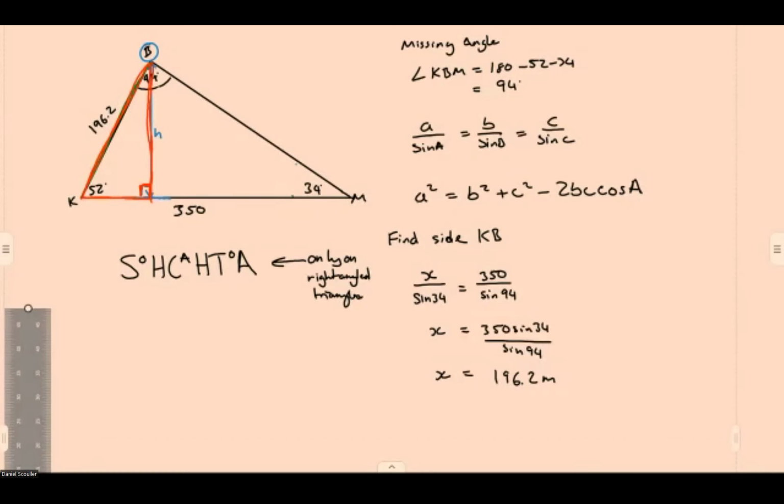It breaks down by the angle, that wee circle with a line through it, which is just the Greek letter theta and just means angle. Sine of the angle is opposite over hypotenuse. Cos of the angle is adjacent over hypotenuse. Tan of the angle is opposite over adjacent.